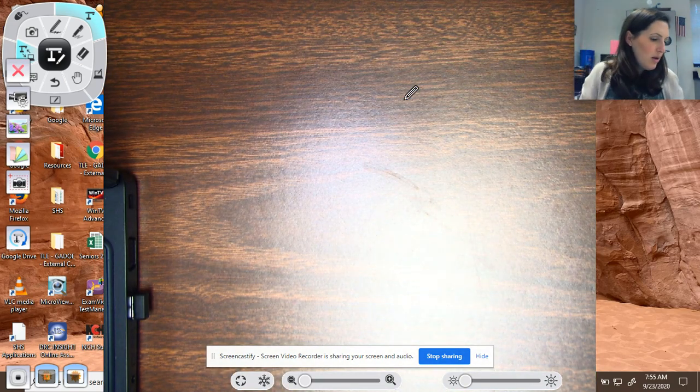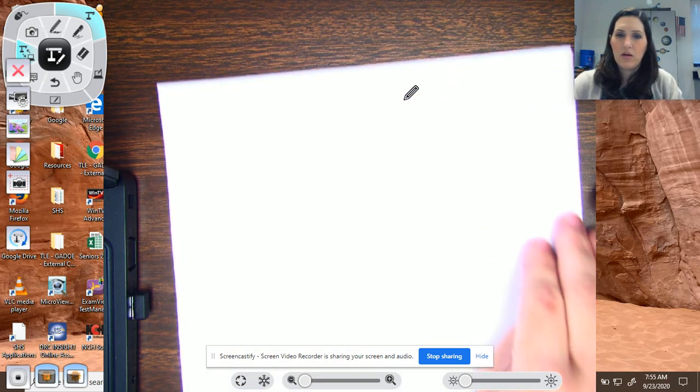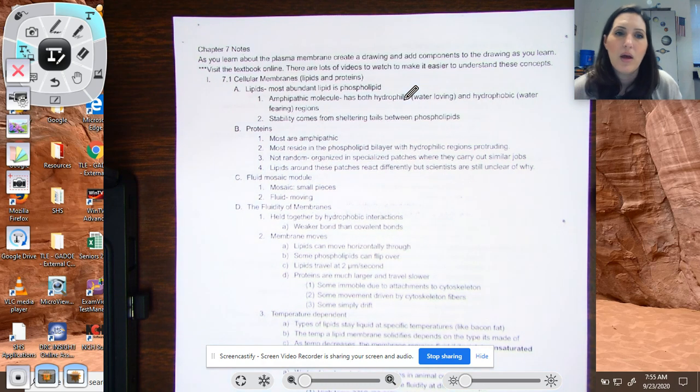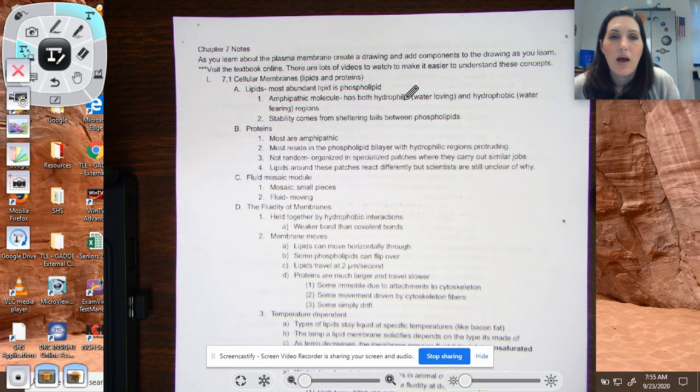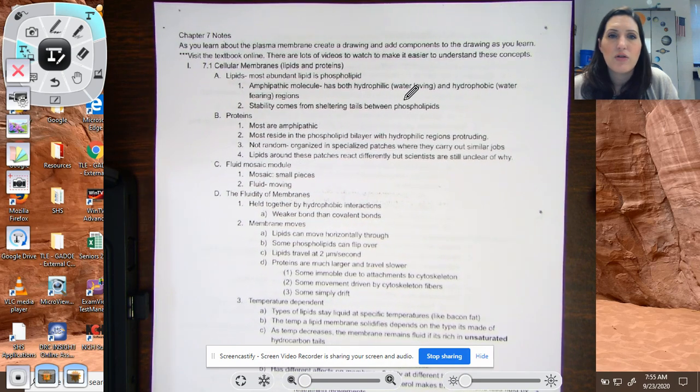Okay, now I'm going into the notes. I listened to the kids in class. A lot of kids were complaining about trying to understand everything better, so I made these notes this weekend. I started on them on Friday, and I've been working on them.